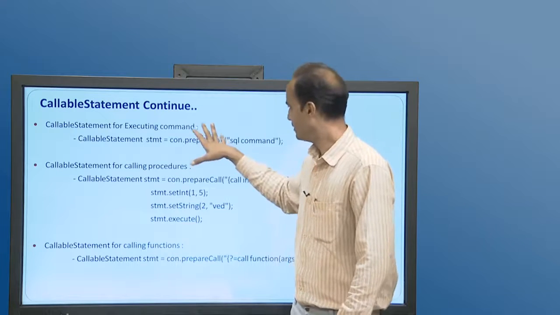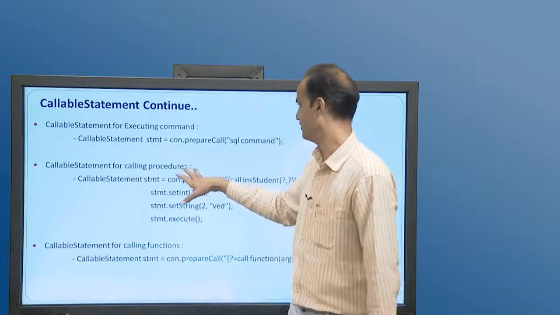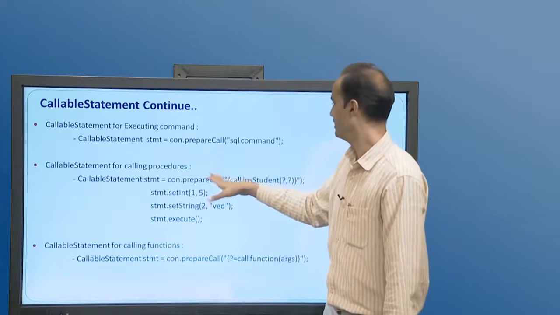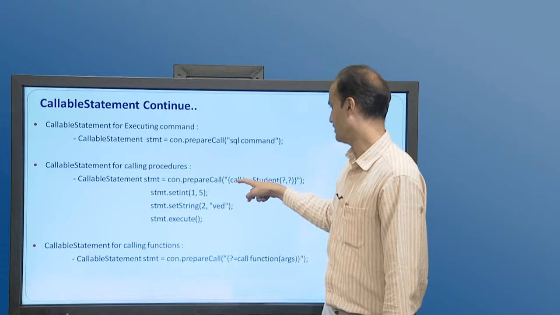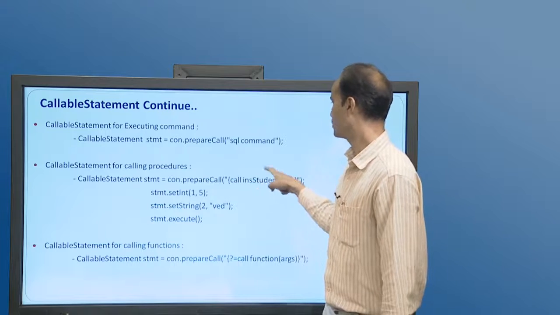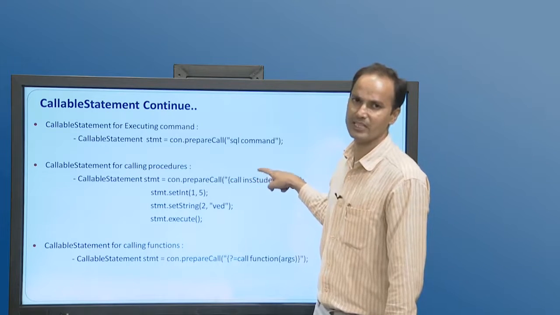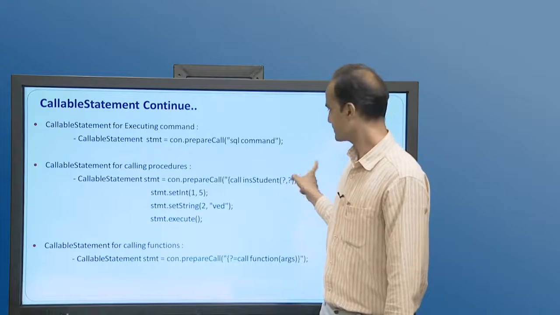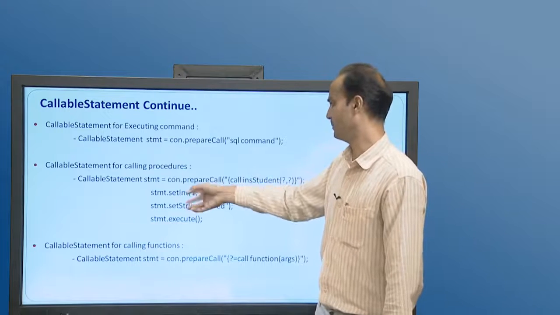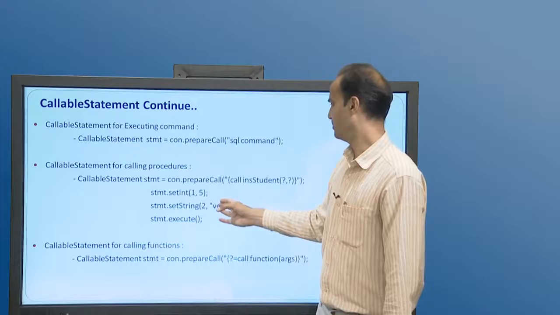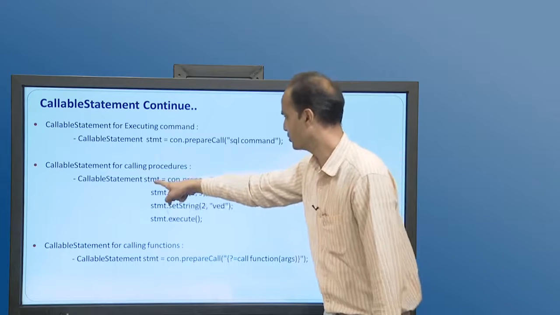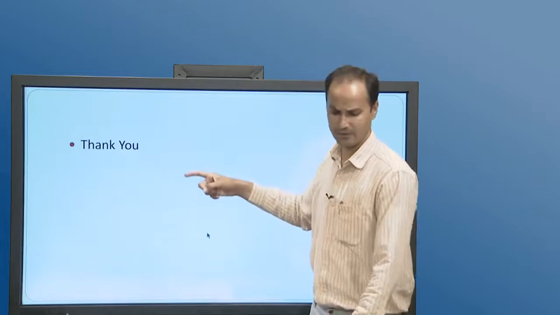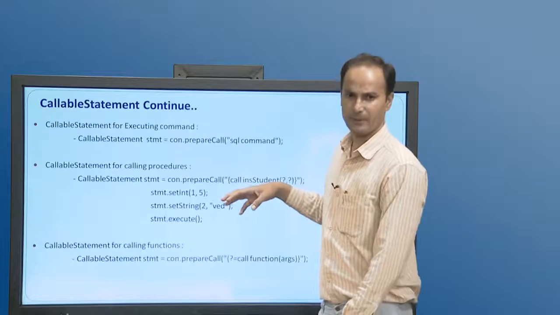For a stored procedure, we use the same syntax, connection.prepareCall, and in curly brackets we write call, the procedure name that we have created in the database, and then pass the arguments, like we did in a prepared statement: first argument, second argument. Then we execute this statement with the execute method. So the parameters passed will be executed efficiently.